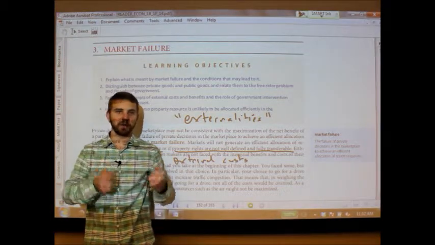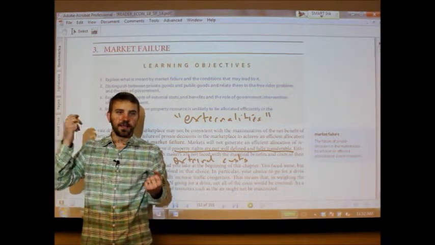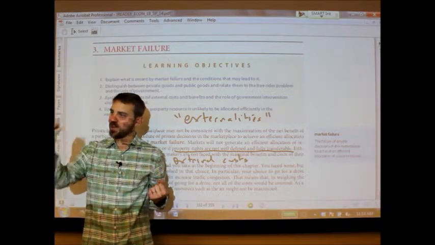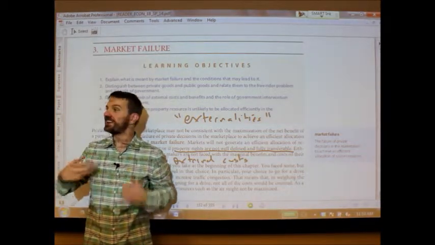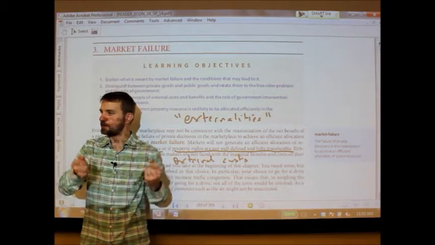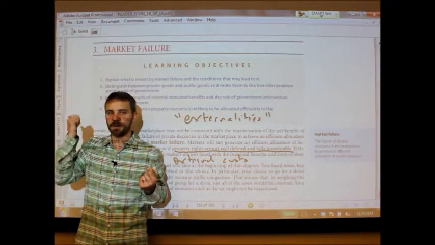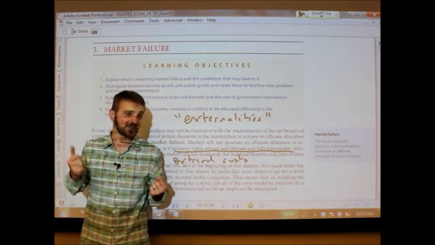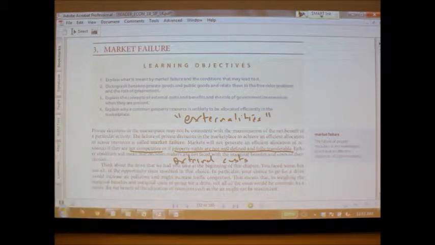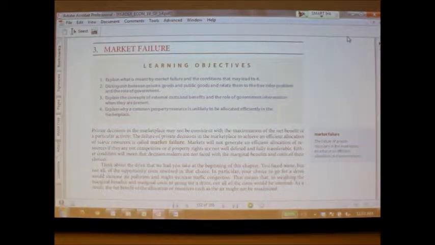So for example, if I'm driving my car and you're behind me riding your bicycle and coming out of my tailpipe is a bunch of pollution, that's an externality. If I'm maximizing my utility and driving my car to do so, I don't take into account the fact that I'm creating all these negative externalities, then we might have an inefficient outcome. So these are all examples that can lead markets to fail.